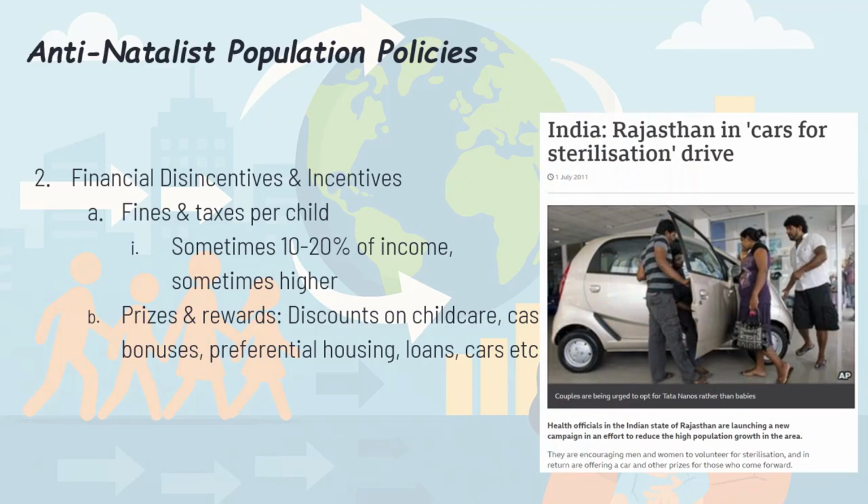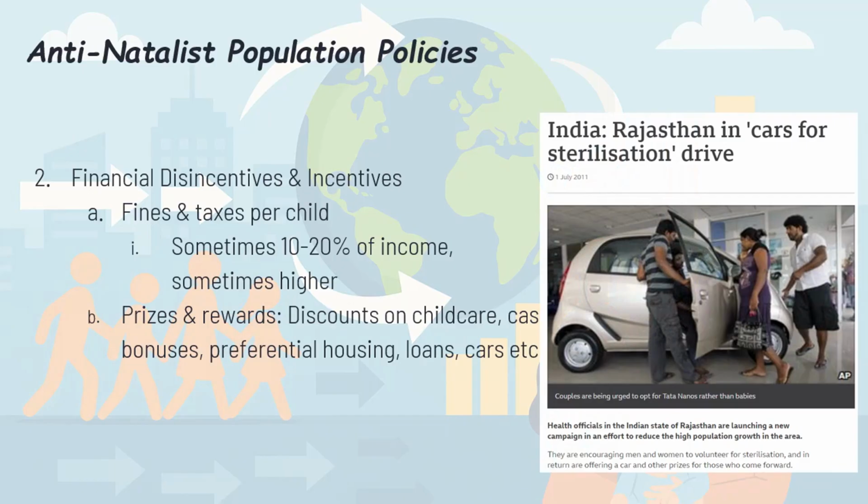On the flip side, other governments tried a more good cop approach. They offered financial incentives for smaller families with things like discounts on childcare, tax breaks, better housing options, or even cash bonuses. In India, some campaigns even offered prizes like cars to people who agreed to be sterilized.